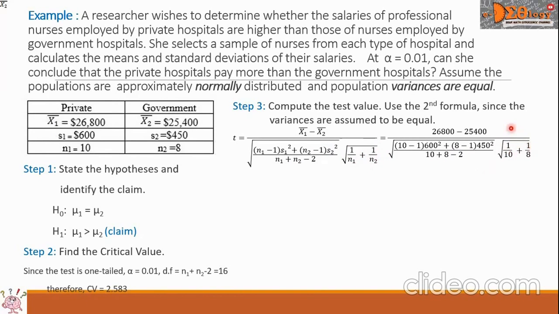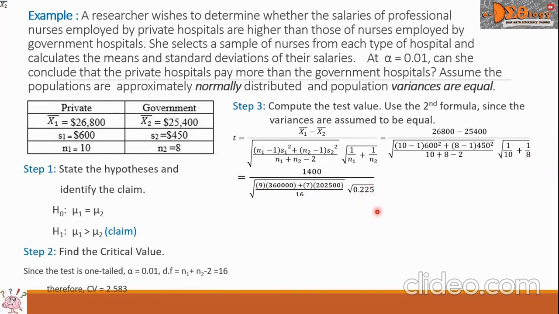Simplifying further, the numerator becomes 1,400. Now the first big radical in the denominator becomes 9 times 360,000 plus 7 times 202,500 all over 16. While the second radical here is simplified into 0.225.